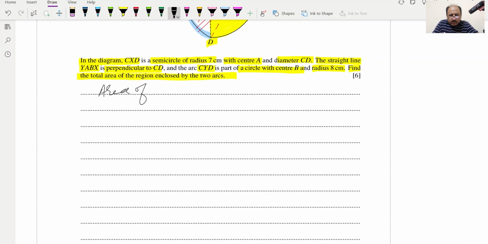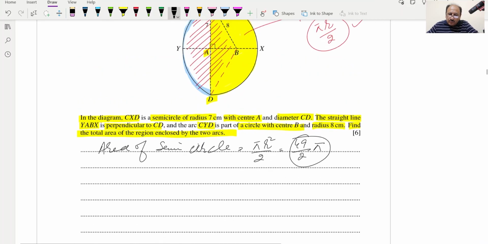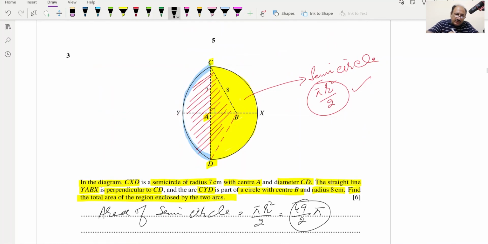So first of all, the area of the semicircle will be equal to pi r squared over 2, as I mentioned. Here r is 7, so it will be 49 by 2 pi, and this is the area of the semicircle. Now, to find the area of the sector, we require this angle.